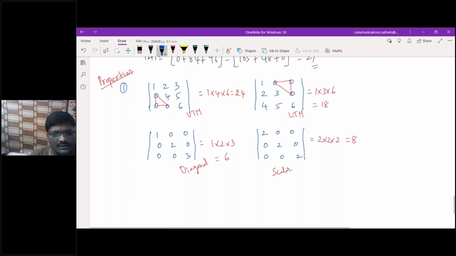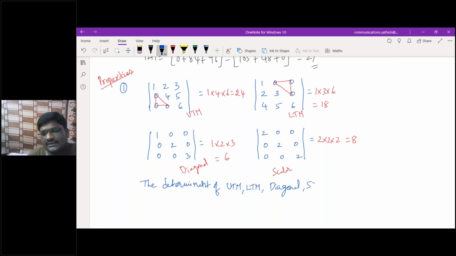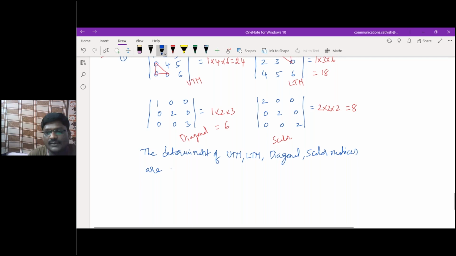The statement: the determinant of an upper triangular matrix, lower triangular matrix, diagonal matrix, and scalar matrix is the multiplication or product of its principal diagonal elements.